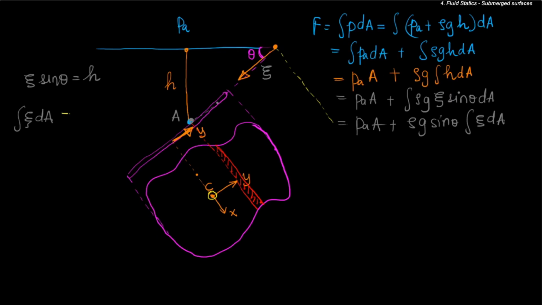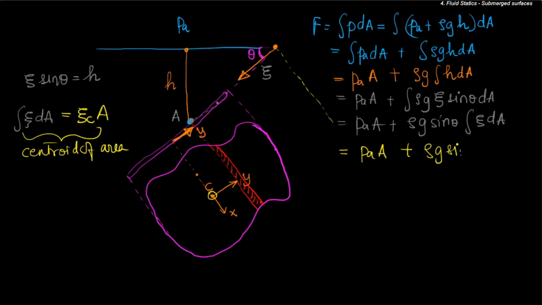This is going to be equal to xi of the centroid times the area of the object, and this is by the very definition of the centroid of the area. Hence this is going to be PA times A plus rho g sine theta times xi centroid times A. But sine theta times xi centroid is also equal to the depth of the centroid.